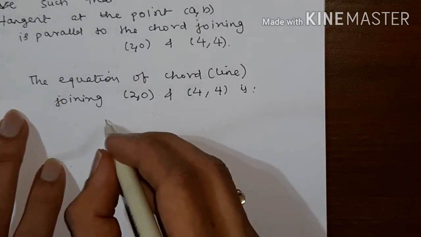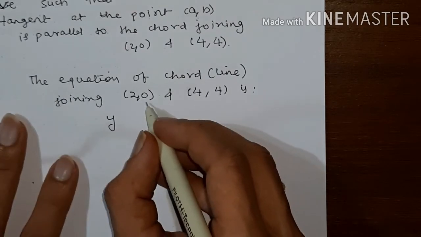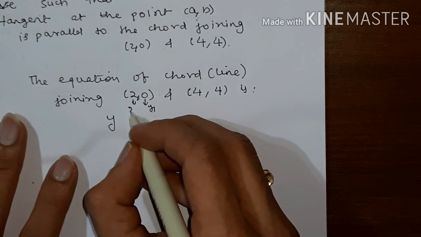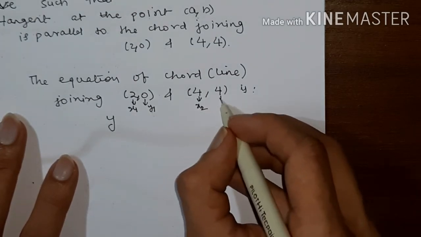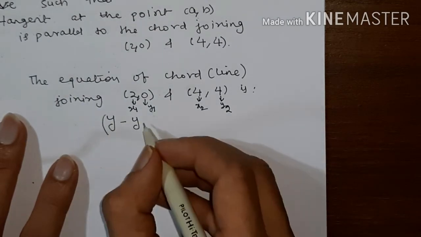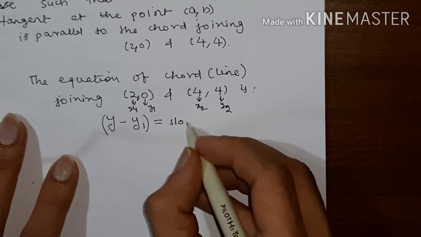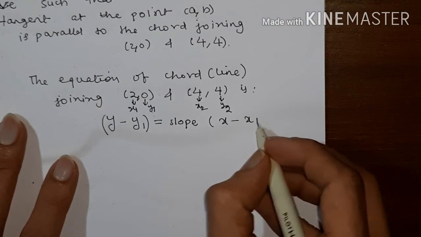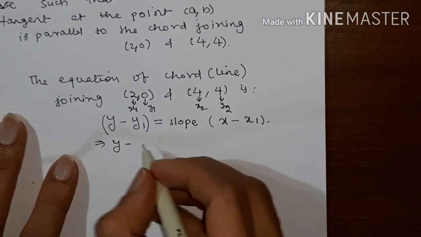If this is x1, y1 and this is x2, y2, what is the equation of the line? y minus y1 equals the slope multiplied by x minus x1.